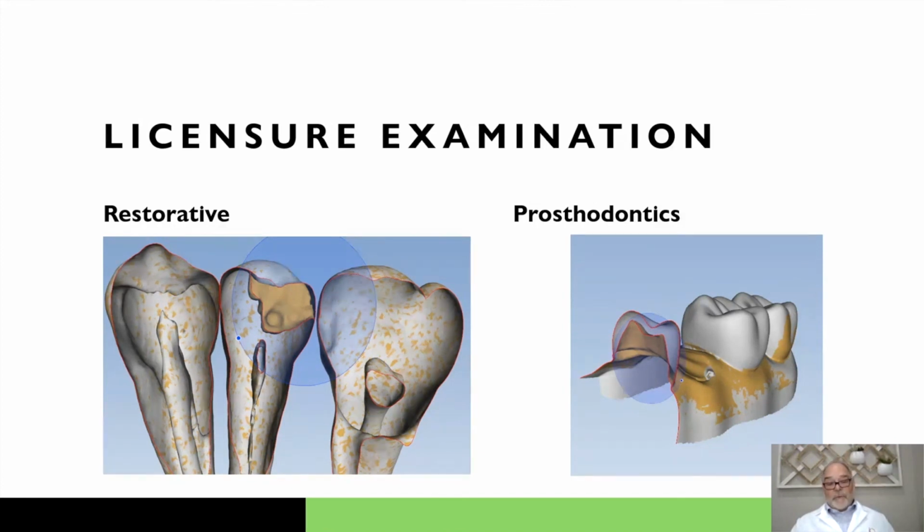Again, down to the 4th decimal point in millimeters. I can slice that any way I want to. I can measure that at any point and give an accurate, very accurate, totally objective assessment. That can be done on the prosthodontic model as shown there.